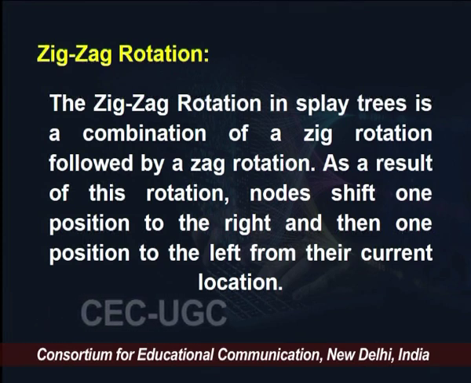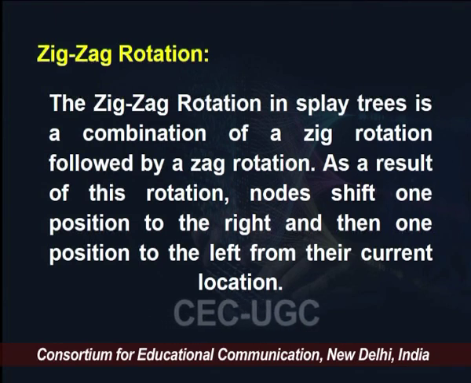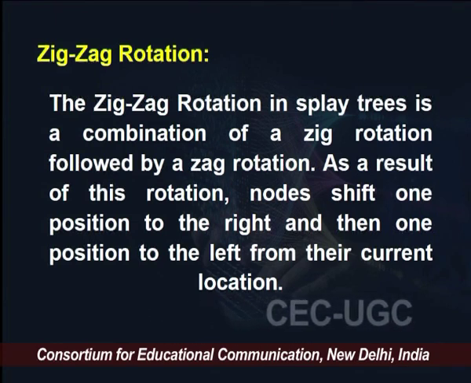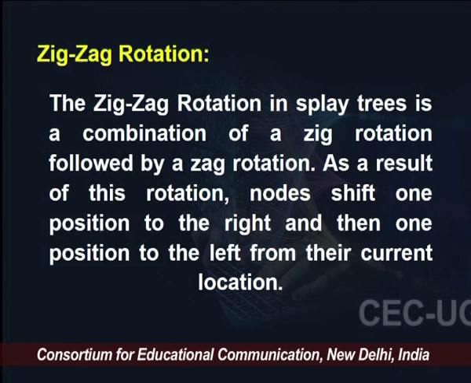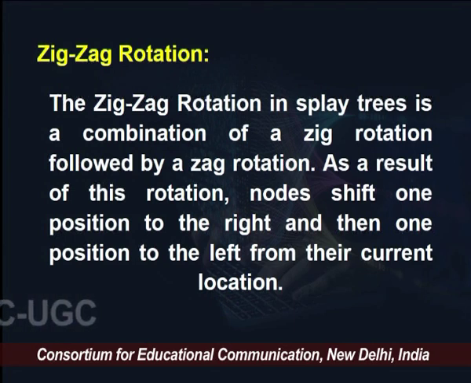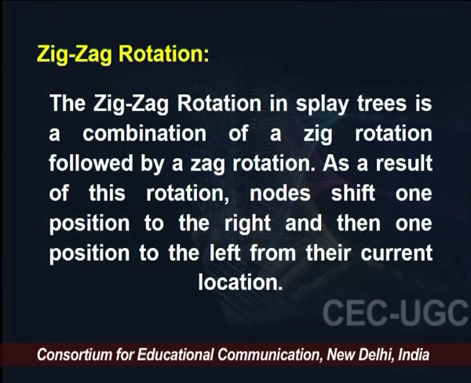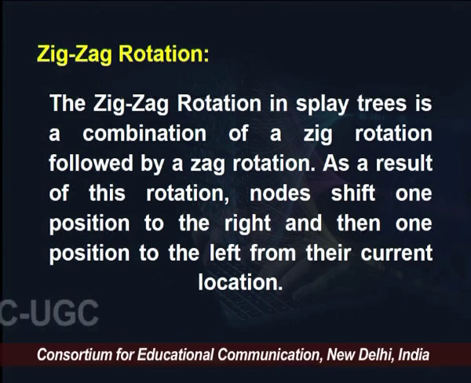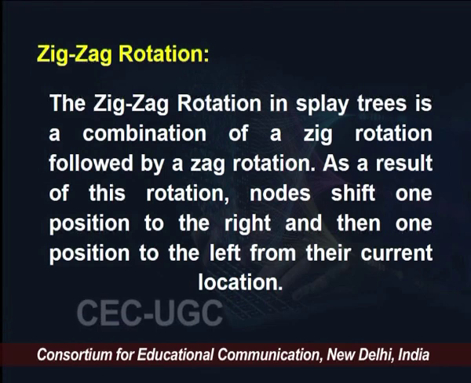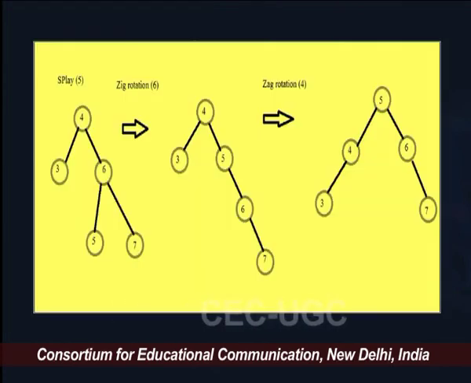Now, what do I mean by that? I am repeating the sentence: as a result of this zigzag rotation, the nodes shift one position to the right because of the zig rotation, again followed by the zag rotation, that means shifting one position to the left from their current location. So, let us see.